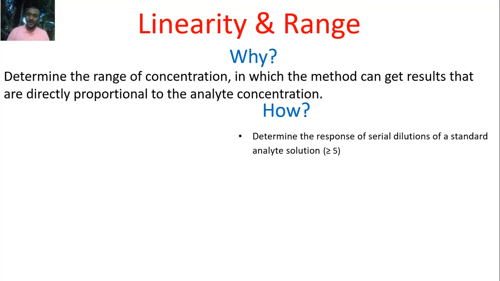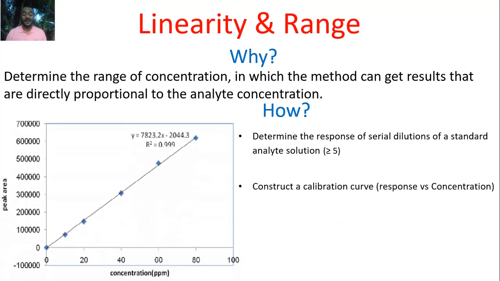You determine them, then you construct a calibration curve: the method response, the peak area for example, against the concentration. You determine the linear equation of the curve and the regression coefficient. According to the guidelines, the regression coefficient should be at least 0.995 for the method to be acceptable.